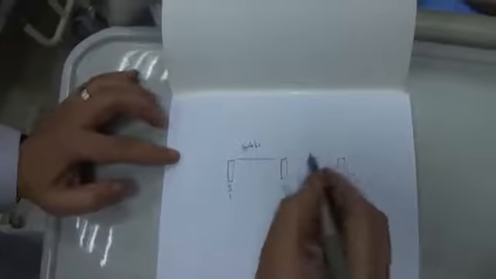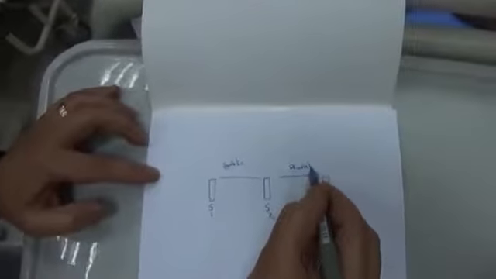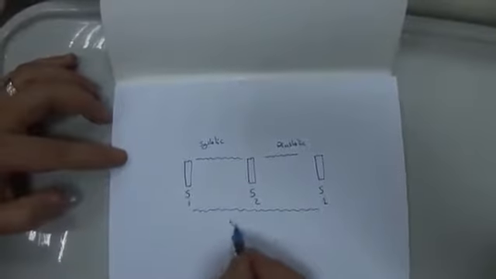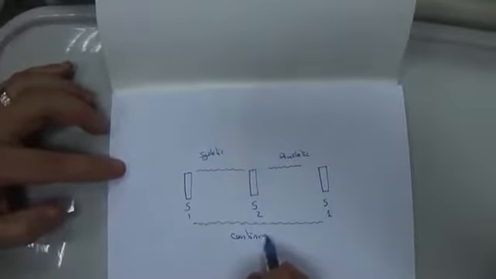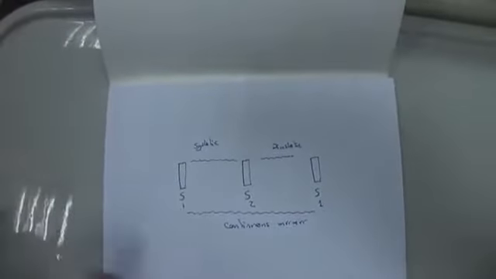Any murmur here is systolic. Any murmur here is diastolic. Any murmur over all these cycles is a continuous murmur. This is as simple as that.